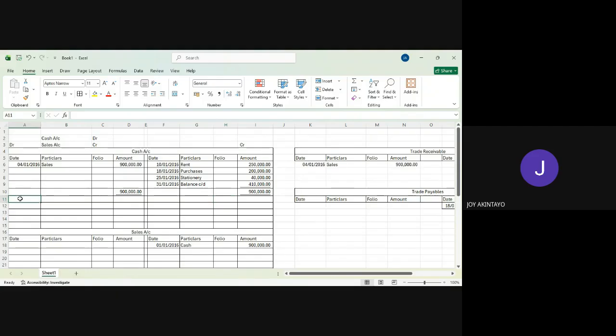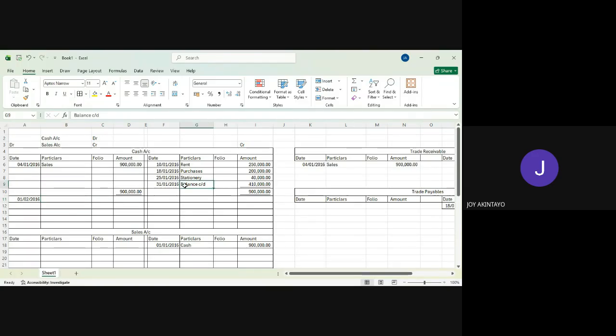So the next period will be after 31. What do we have? The following day, the next day, 1st of February, that will now be 1, 2, 2016. So we now use another name known as what?